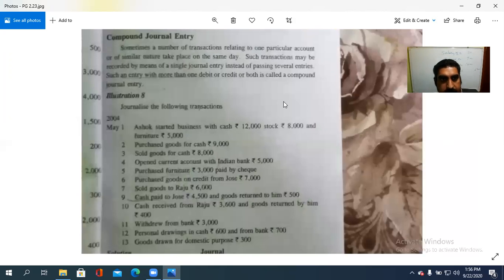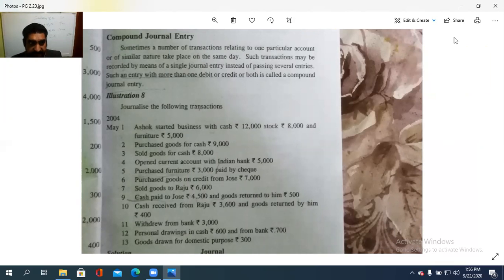See, sometimes a number of transactions relating to one particular account or of similar nature take place on the same day. The same items, similar nature of transaction. Cash is being given, isn't it?